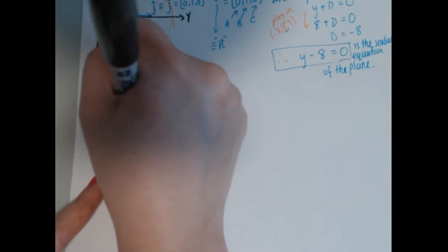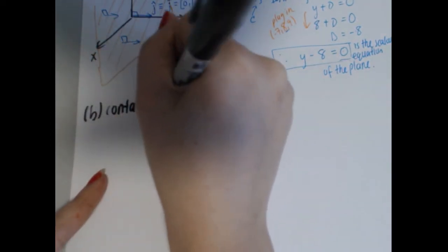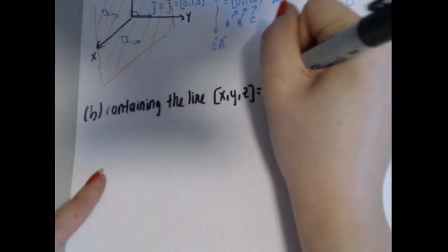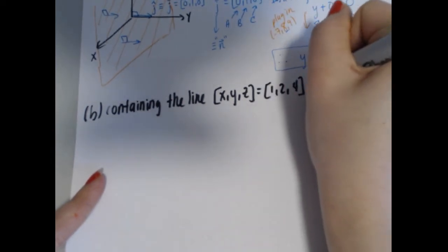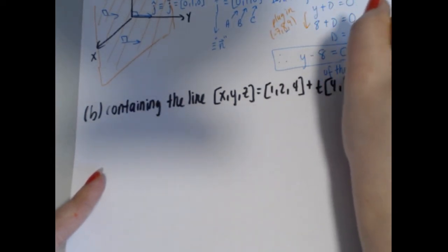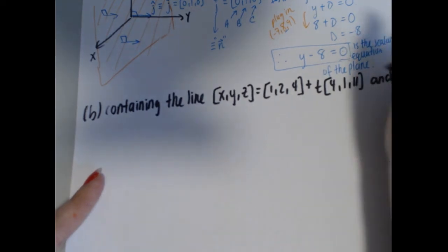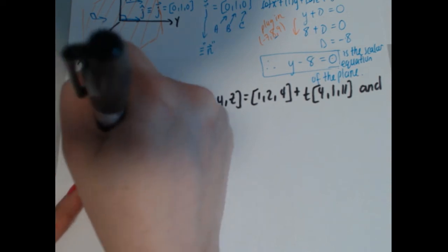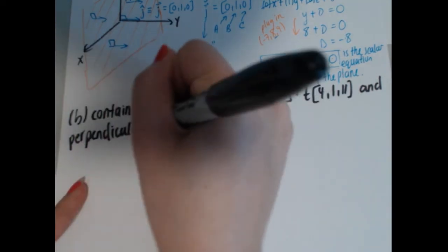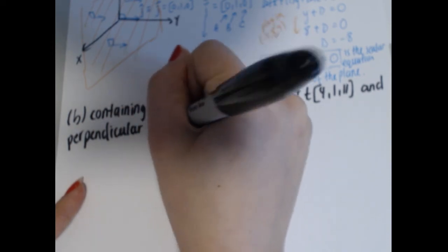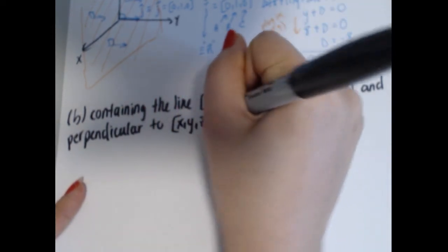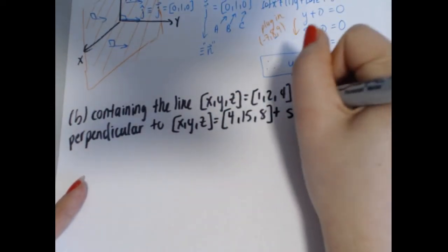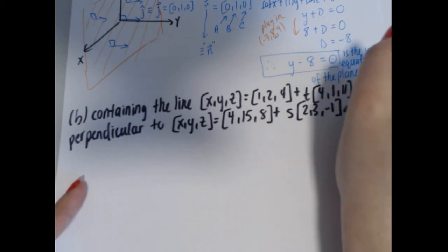For the plane containing the line x, y, z equals 1, 2, 4 plus t times 4, 1, 11, and perpendicular to x, y, z equals 4, 15, 8 plus s times 2, 3, minus 1.